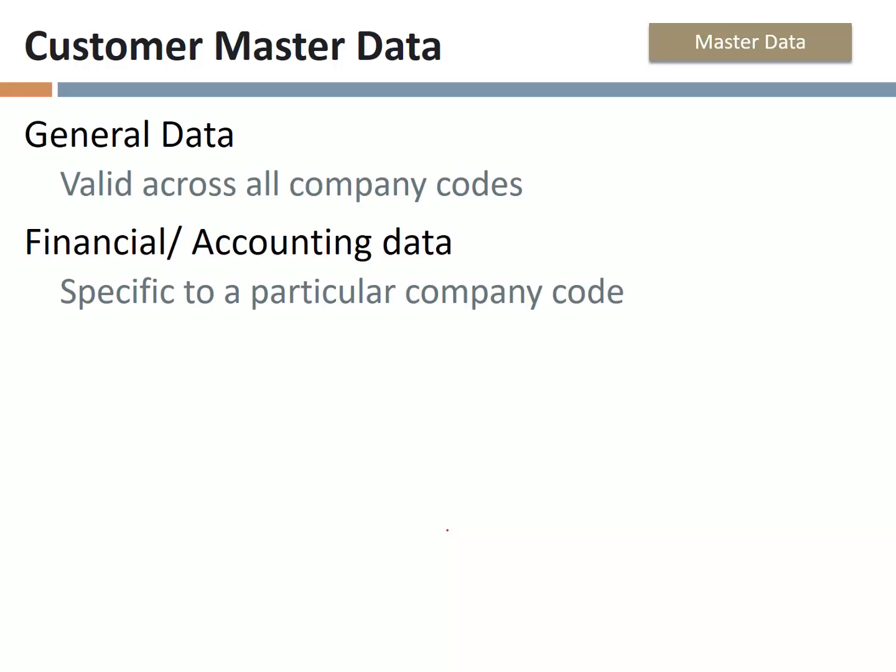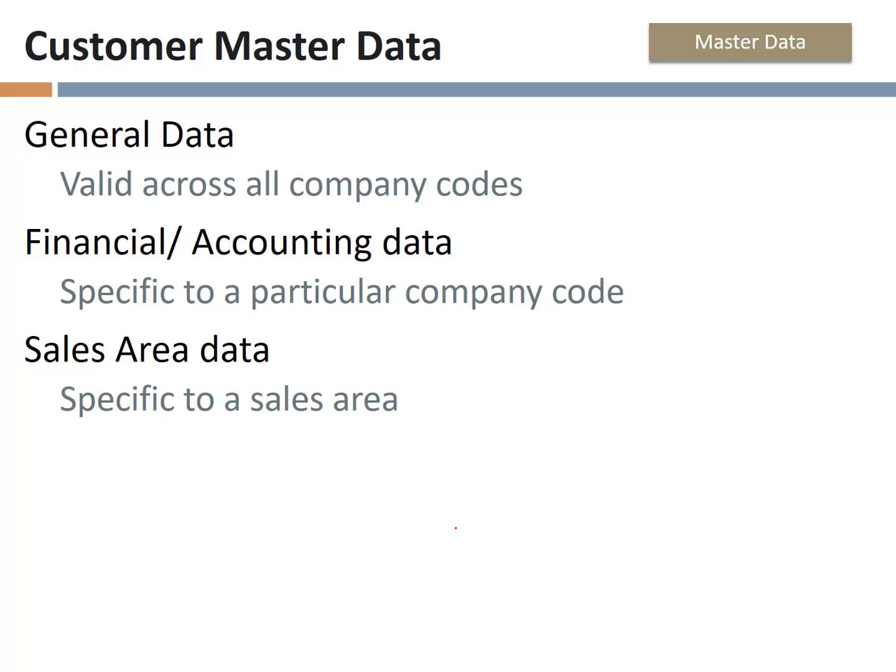All right, well, rolling right along here then, customer master record. We see something here in selling that is very similar to what we saw in purchasing. And that is that our customer master data record is segmented into 3 different parts. We have the general data about our customer that's universal across the entire client.